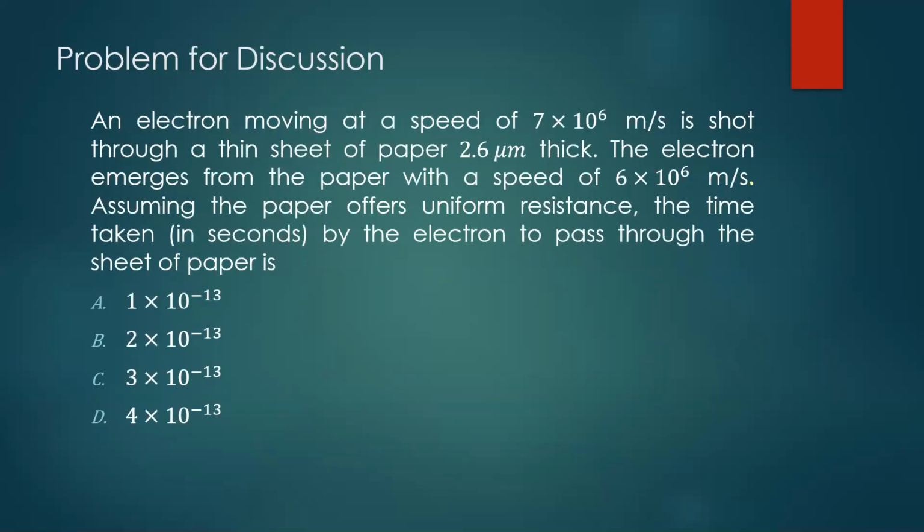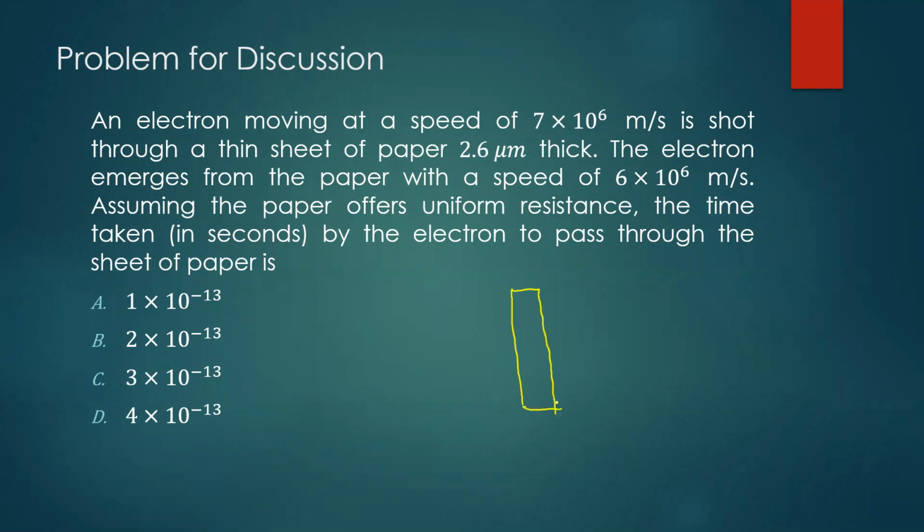Okay, so try this one. The problem looks complicated, but it's actually not complicated. Just understand the question. What are they saying here? An electron is moving with some speed, and then it hits a paper sheet. Looking at the edge of the paper, this is the thickness.